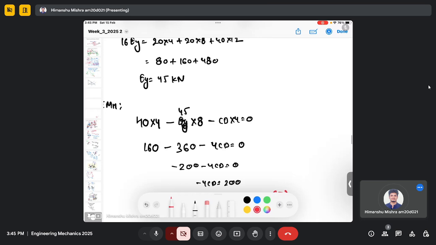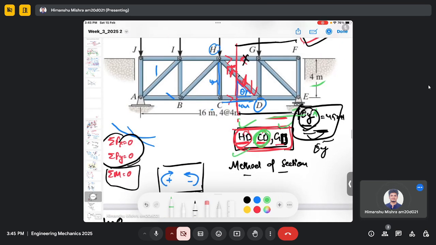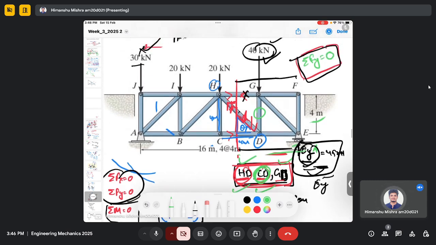So you already found the force in HD and CD. Now only force in GD remains, right? So you can now think, what approach should I use? Should I take a moment about any point, or use the force balance like we did now?